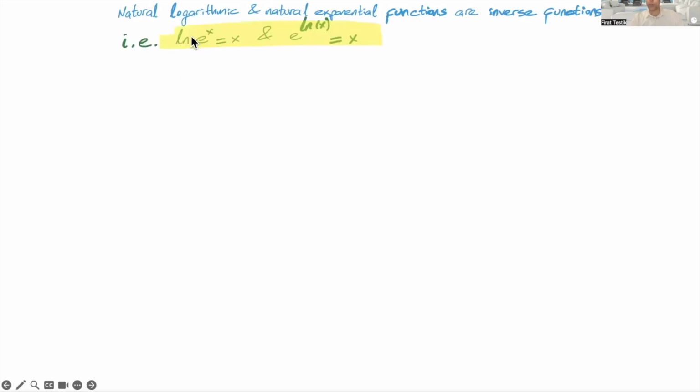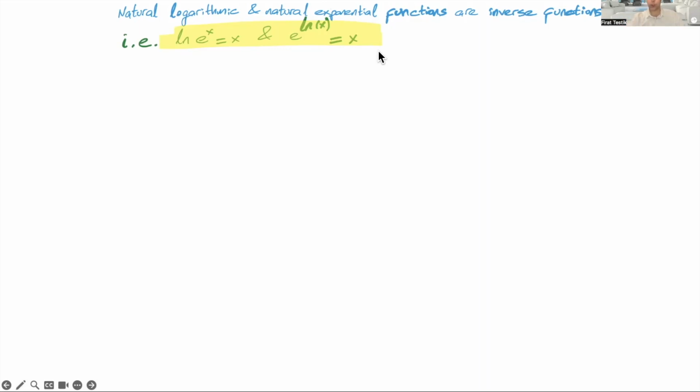They are inverse functions, meaning that ln of the e to the power x exponential function is equal to x, and e to the power ln x is equal to x. So if they are inverse functions, these two expressions should hold. Basically, natural logarithm of e to the power x will give you x, and e to the power of ln x will give you x.